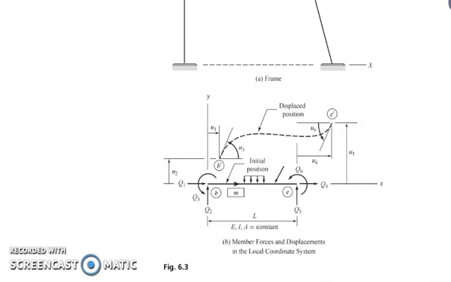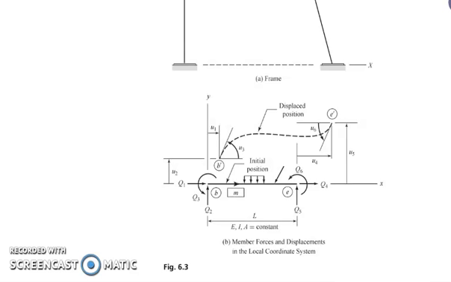Due to an external load, there will be displacement. There will be three displacements at both ends of the member: translation along x and y direction and rotation about the z-axis. Those are needed to specify the displaced position of each end of the member. Which means that each member will have a total of 6 degrees of freedom.